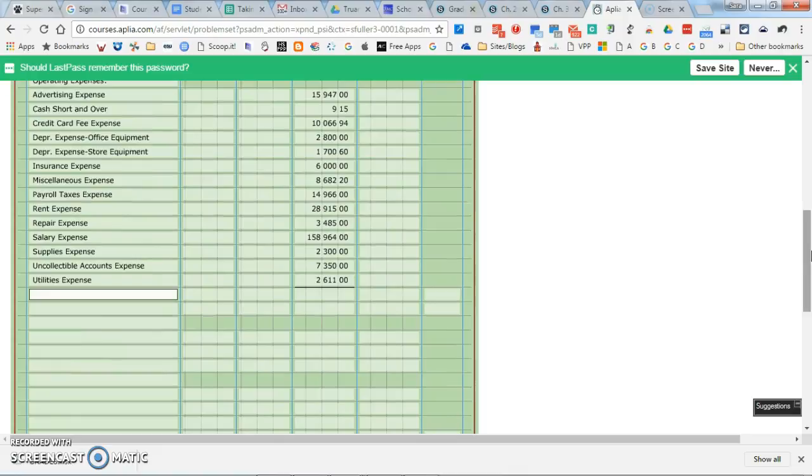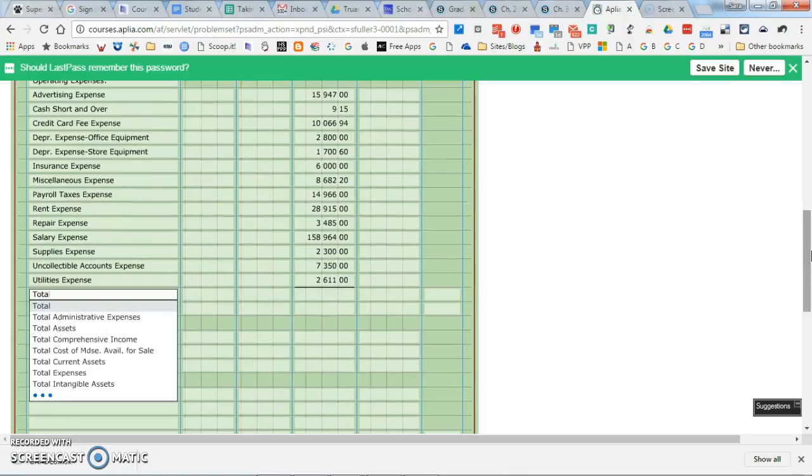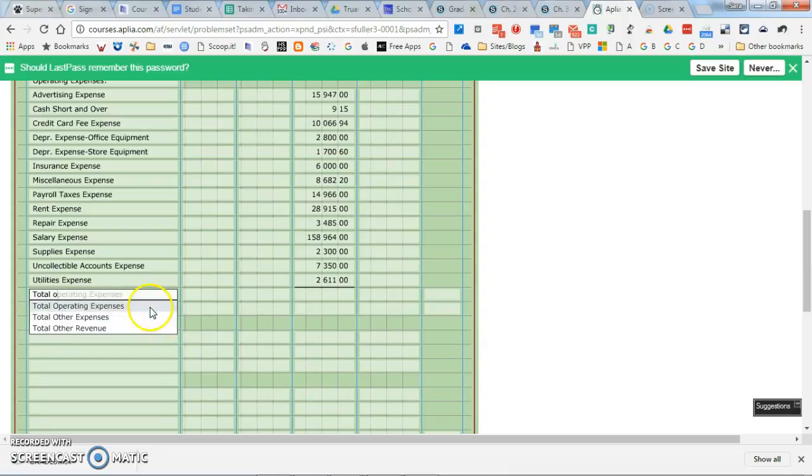Okay, so then we have our total operating expenses. So we're going to add all of these up, and that'll go out in the fourth column. And $263,846.89.